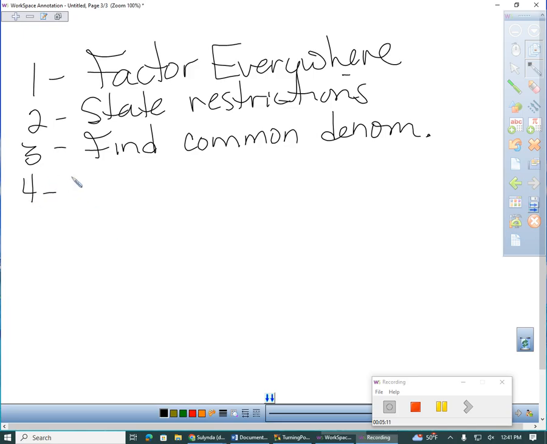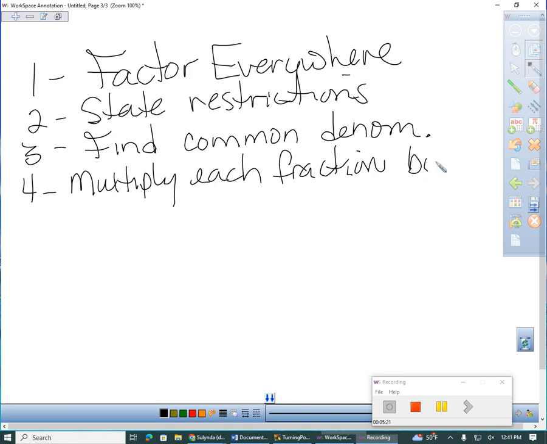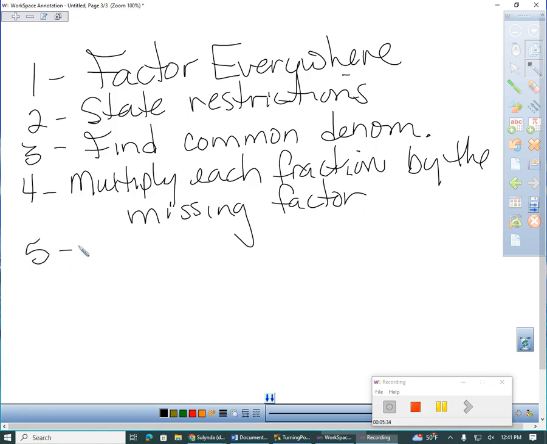Step 4, multiply each fraction by the missing factor. Step 5, simplify.